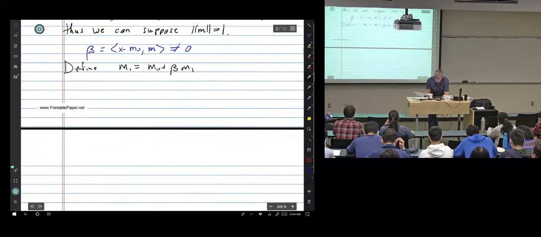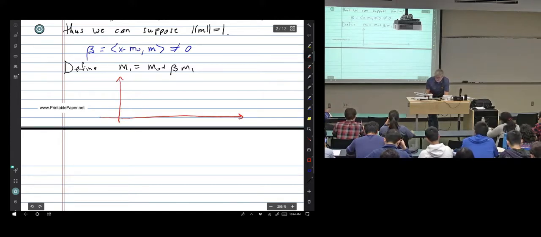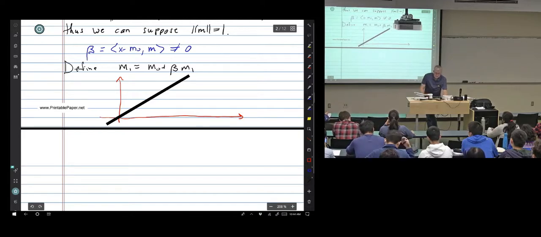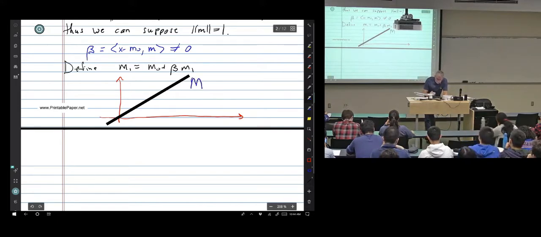Okay, so let me see if I can draw a picture of what we're doing here. That's the only thing I can do well, my subspace. So that's M, this is capital M here. Here's my point x. So this is where we'd like to choose m0.